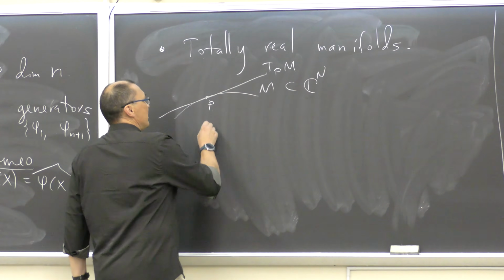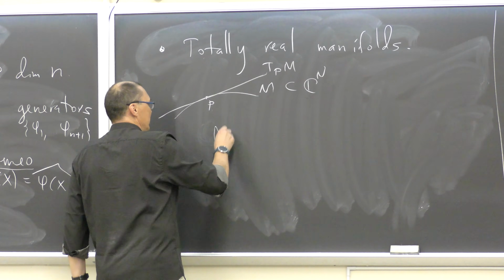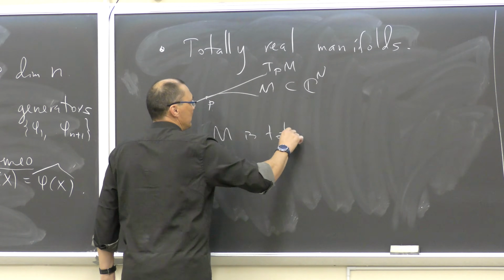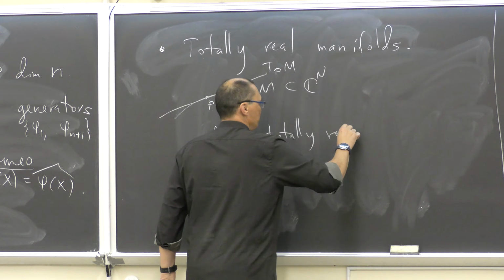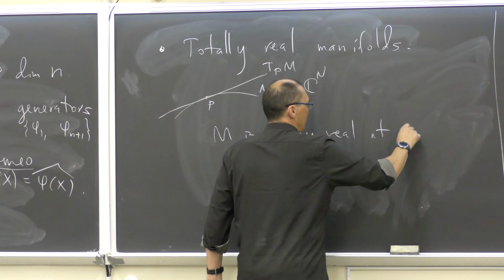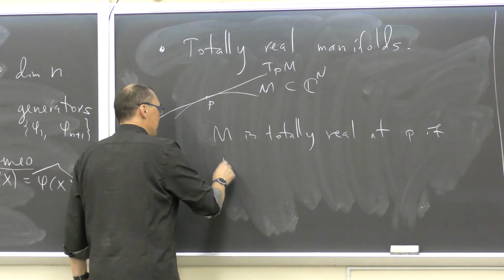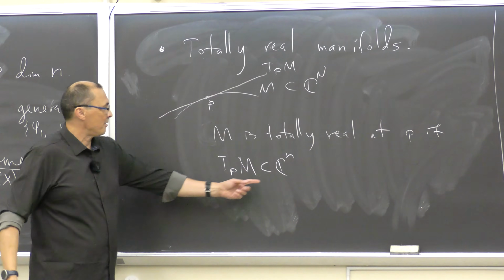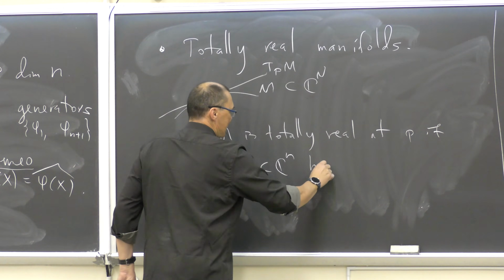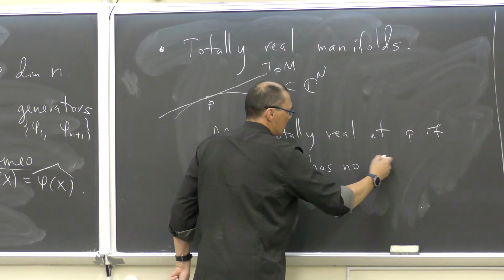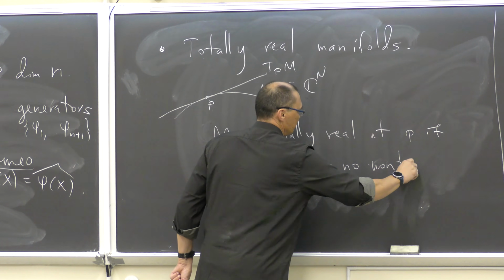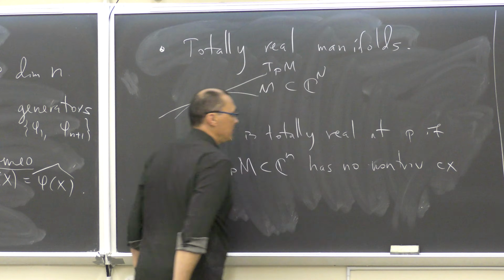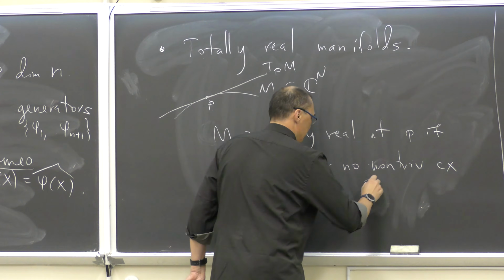And we say that M is totally real at P if this linear subspace of Cn has no non-trivial complex subspaces.